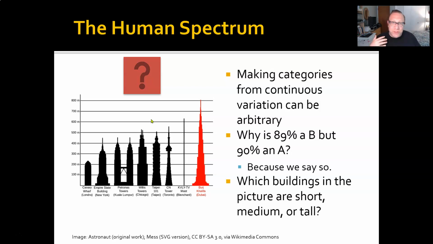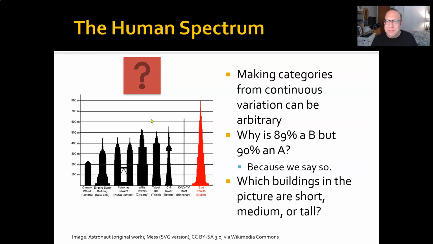So, yeah, there's always a sense of arbitrariness when you're making categories out of continuous variation. For instance, tell me which of these buildings, well, you can't, obviously, this is a video, but think about it. Which of these buildings are small, which are medium, and which are large? If you poll the whole class, we'll come up with lots of different ways of matching them in for lots of different reasons.